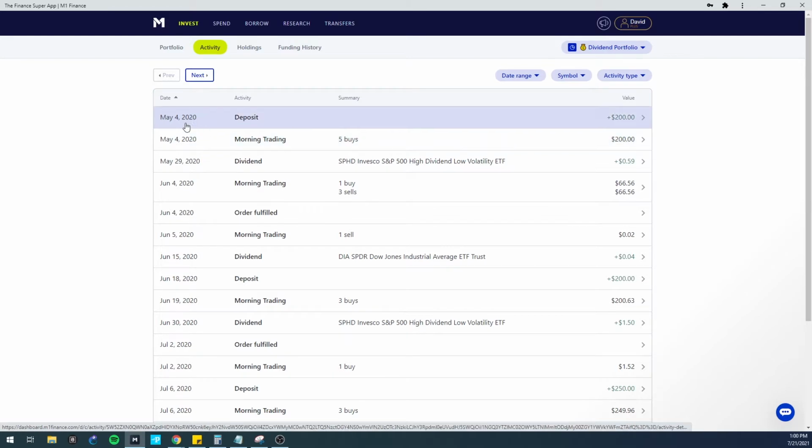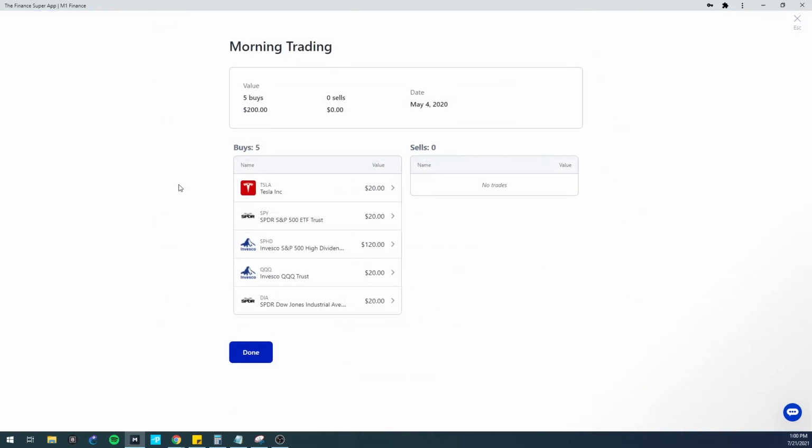When I first set it up, I set it up to have 5 different stocks with no pies, just that main portfolio. I did Tesla, SPY, that's the S&P 500, SPHD, which is a high dividend monthly yield, QQQ, and DIA, the Dow Jones Industrial Average.